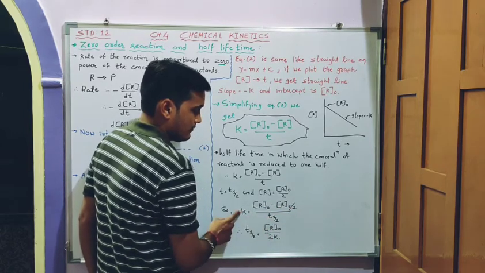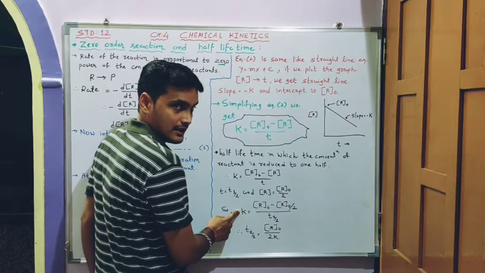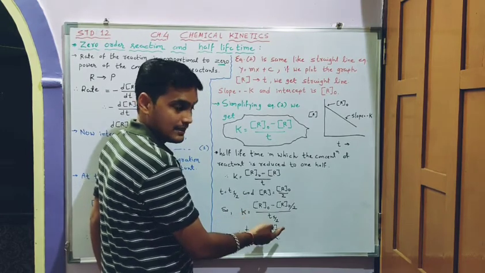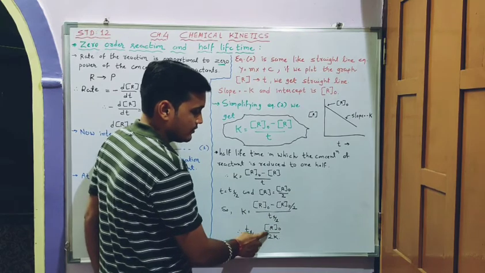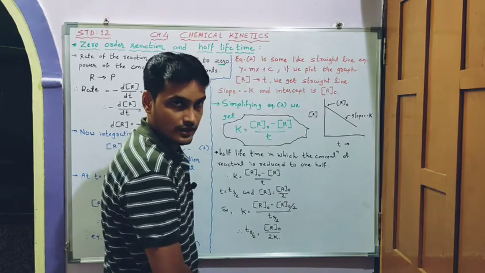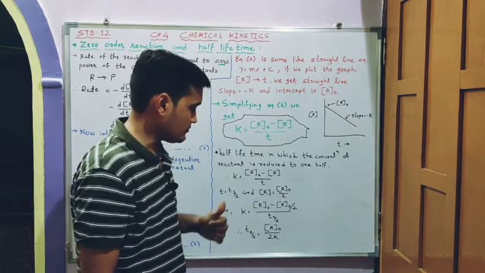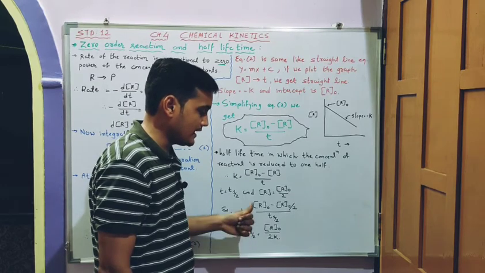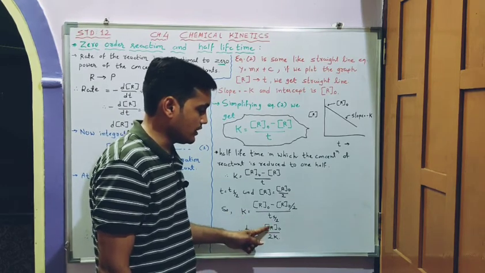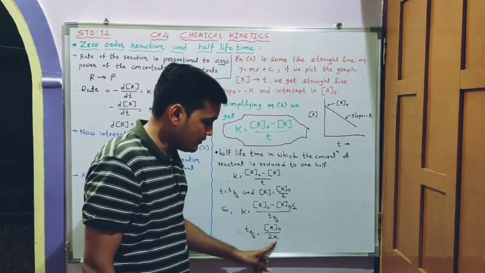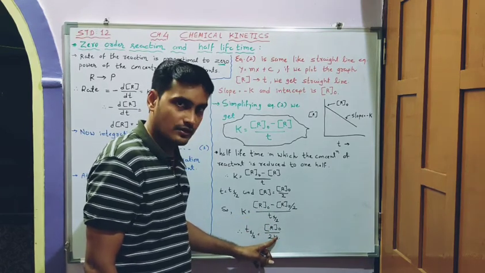This t1/2 is on the left hand side now, so this k is going to the right hand side. So t1/2 is equal to r0 by 2k. Okay. So we can say that the half-life time for zero order reaction is directly proportional to the concentration of reactant and inversely proportional to the rate constant.